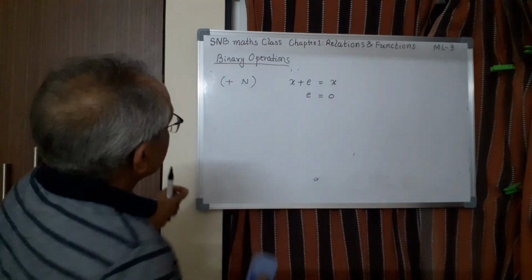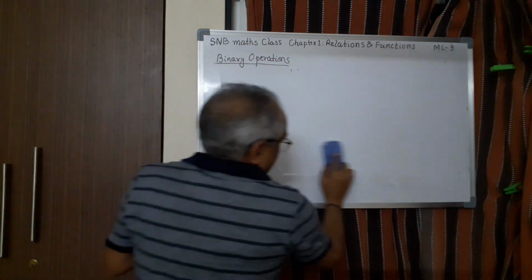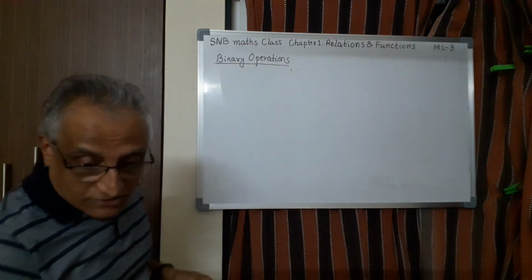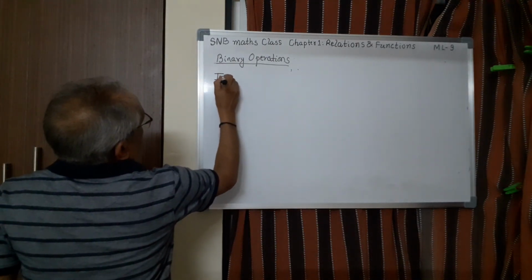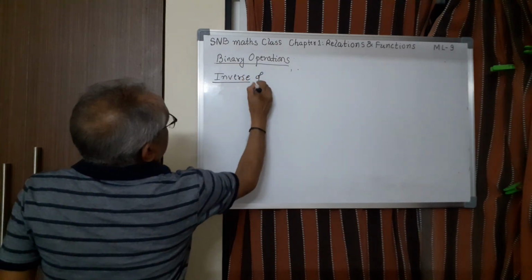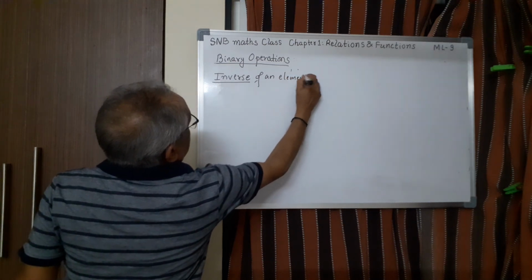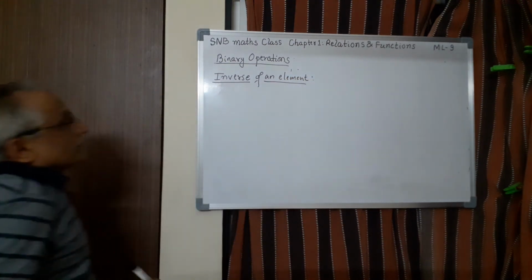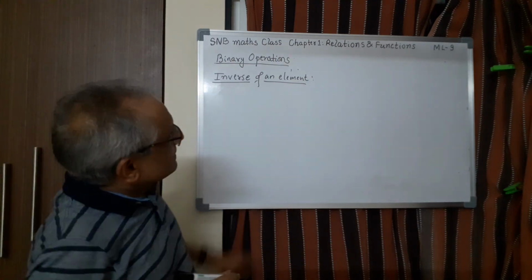So this is the third concept or property under binary operation. And the last one is inverse of an element. So here also let me first give you the idea, then we shall define.